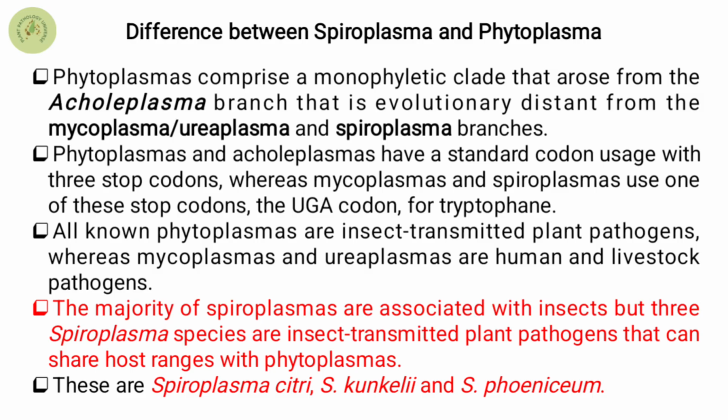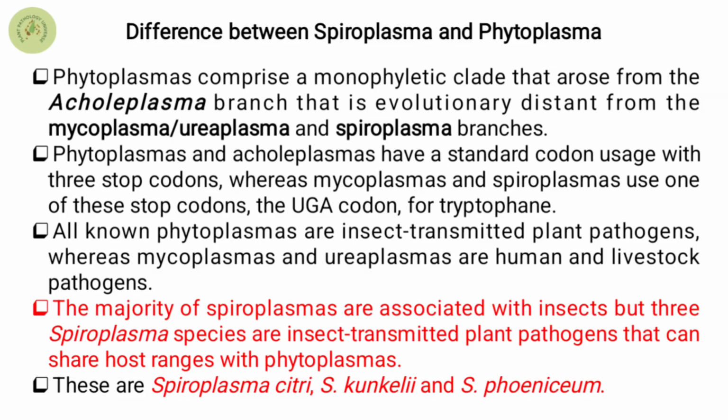The majority of spiroplasmas are associated with insects, but three spiroplasmas are insect-transmitted plant pathogens, that is Spiroplasma citri, kunkelii and phoeniceum. These three are causing diseases in plants. However, all phytoplasmas are associated with plants, as they cause diseases of plants only. However, mycoplasmas are human and animal pathogens. So this difference you can keep in your mind.